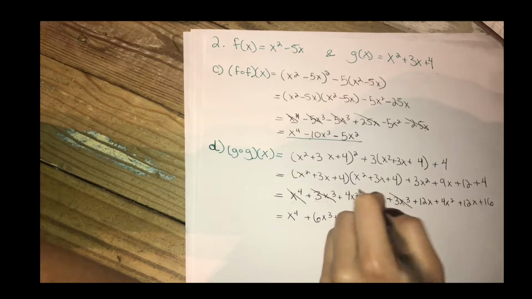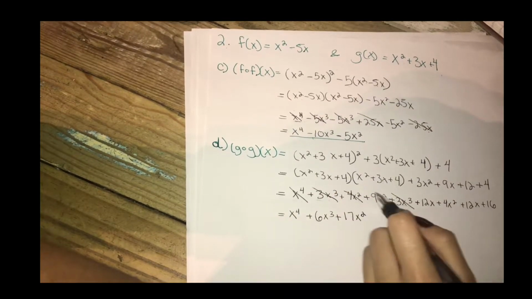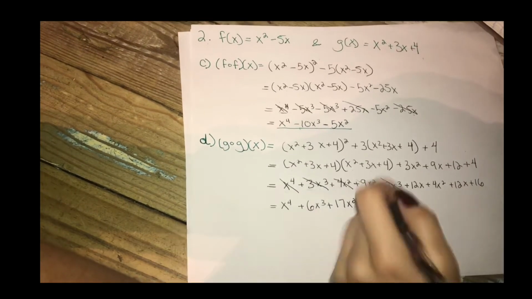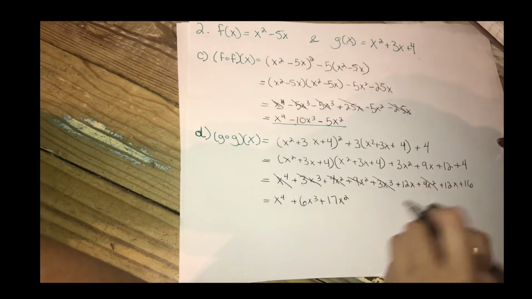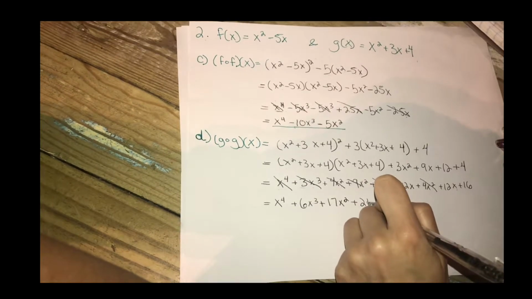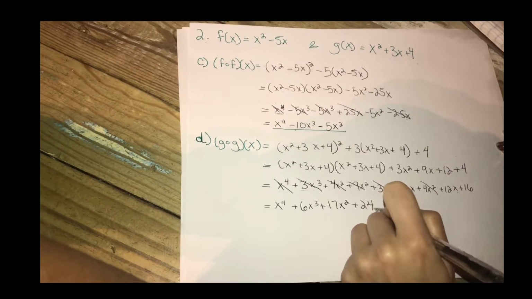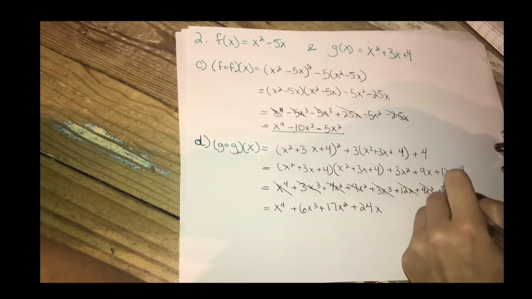Then you would combine the 12x and the 12x, and that would be 24x. Then cancel them out, and then plus 16.